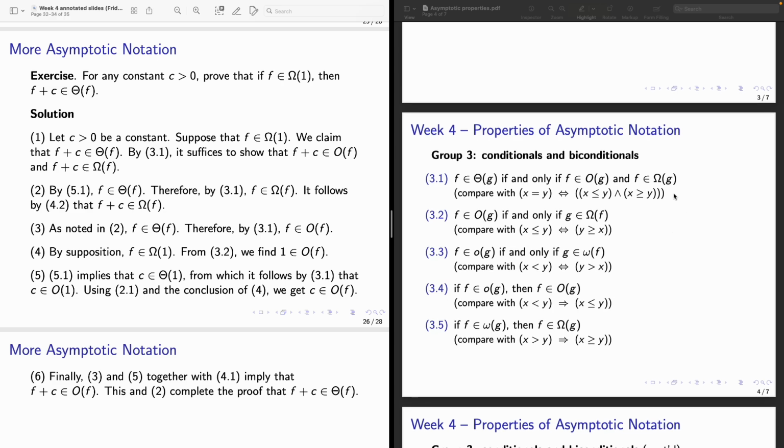That equality rule keeps popping up. And in this case, since we're trying to see that f plus c is in big theta of f, we can just show that it's in big O and big omega of f.